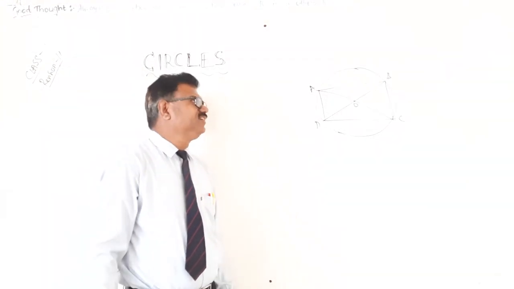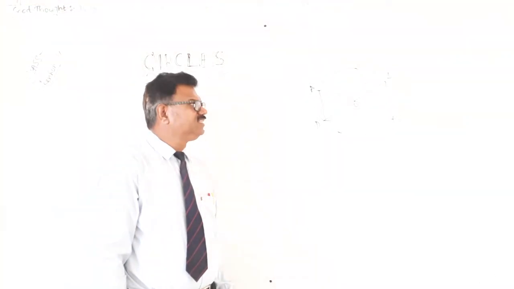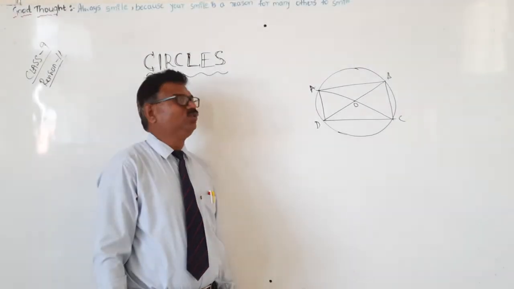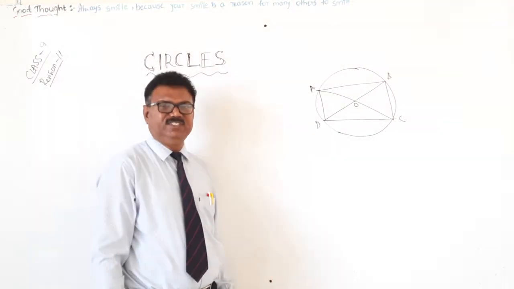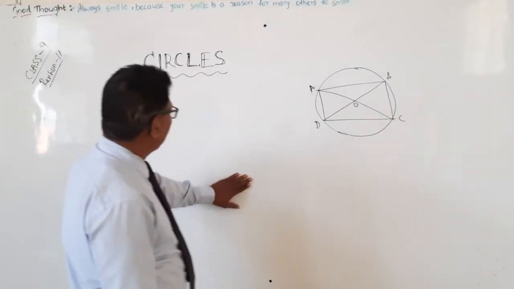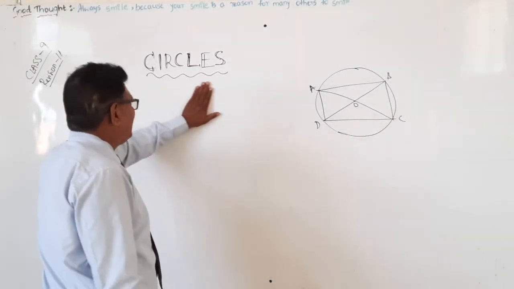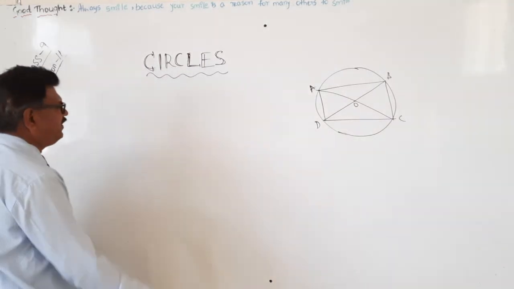If the diagonals of a cyclic quadrilateral ABCD are diameters of the circle, then prove that ABCD is a rectangle. Before going to that, we should find out what will be the angle in the semicircle. Very simple.